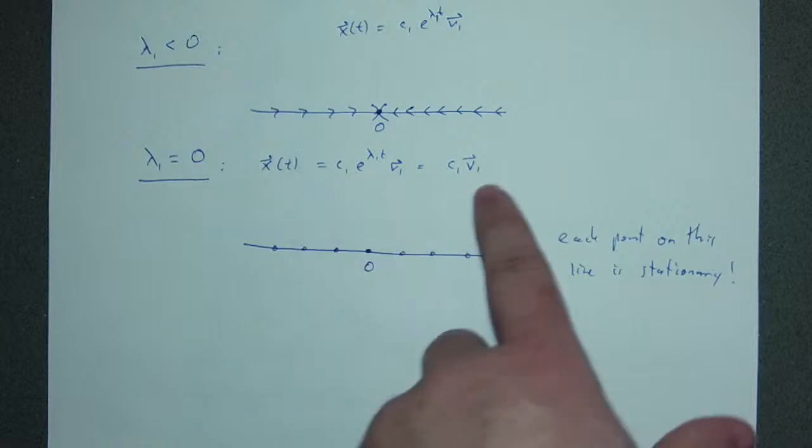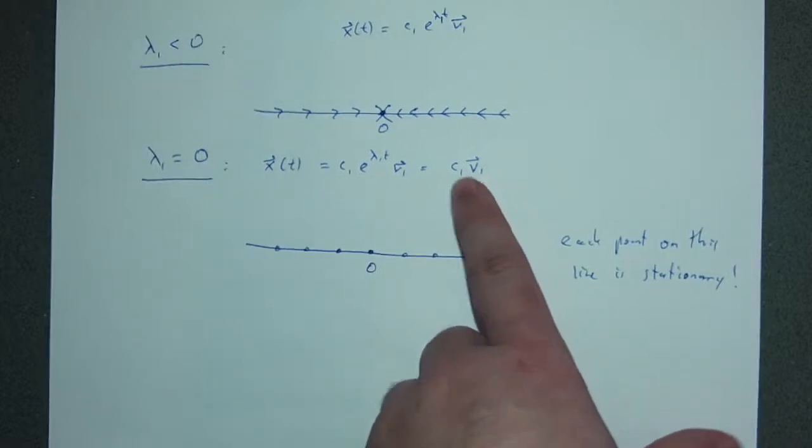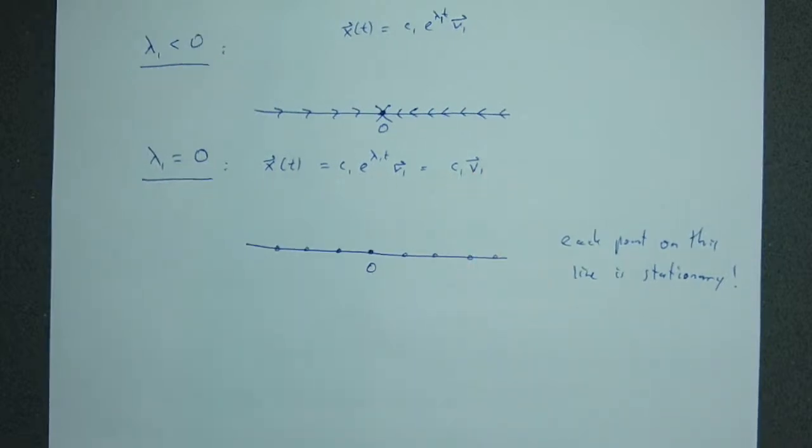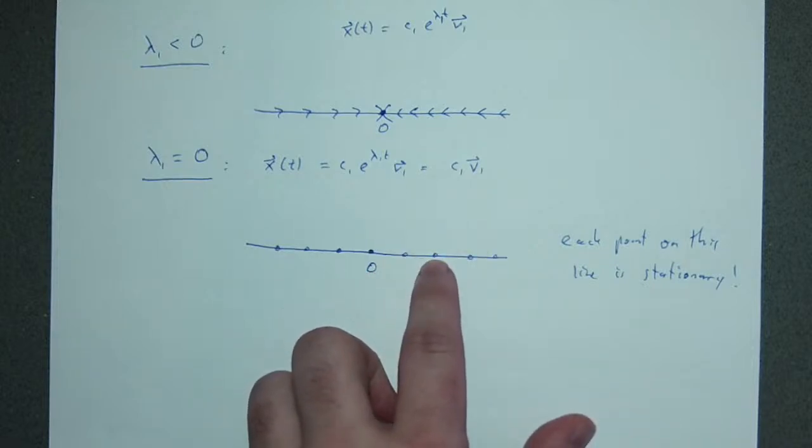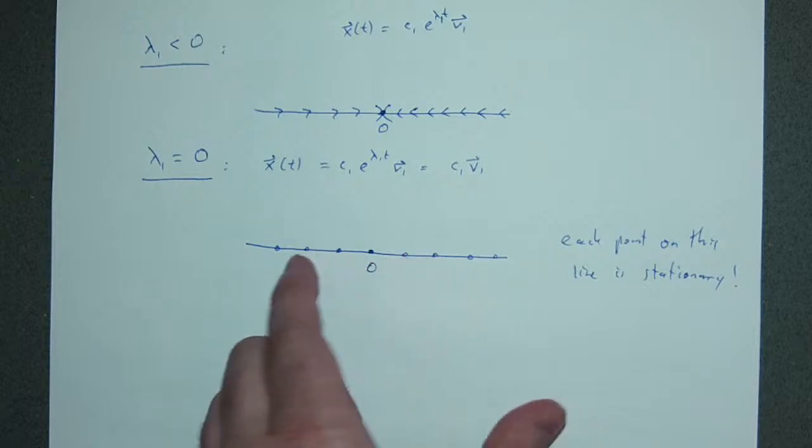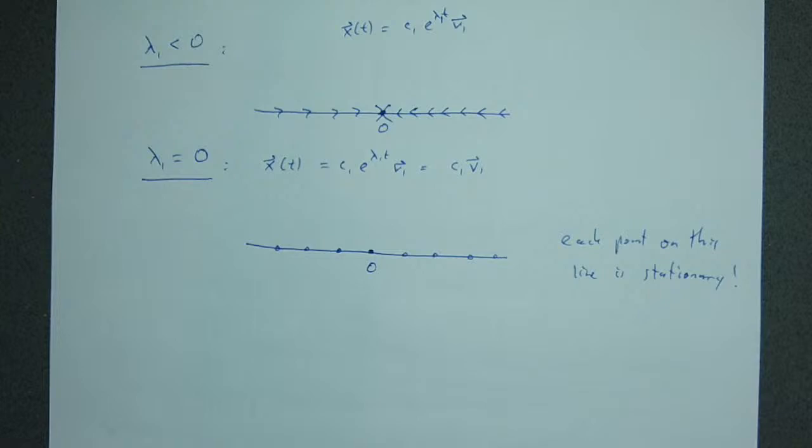Well, this final thing actually doesn't depend on t. So a point here, as t increases, goes to positive infinity or negative infinity, this point does not move. So every single point on this line is a stationary point. And so that's what this thing looks like. This is a slightly weirder case, where no motion is going on at all along that line.